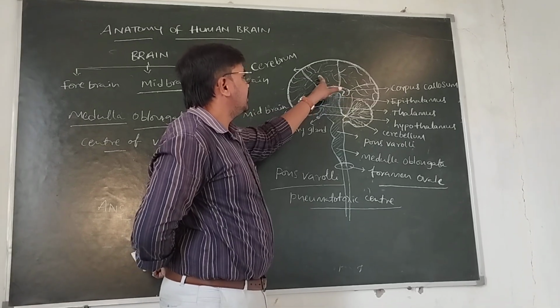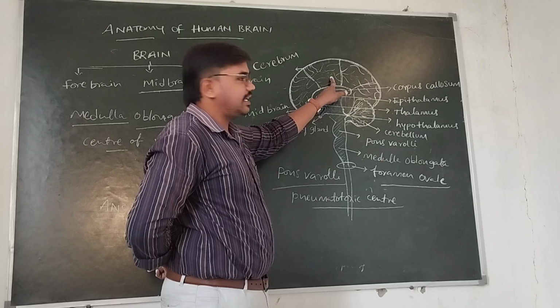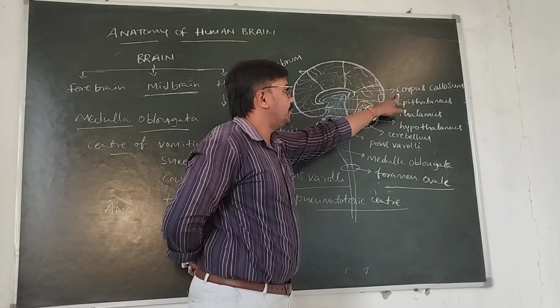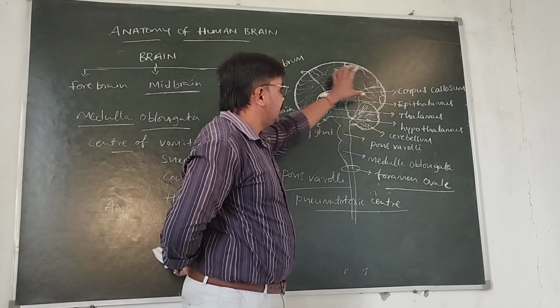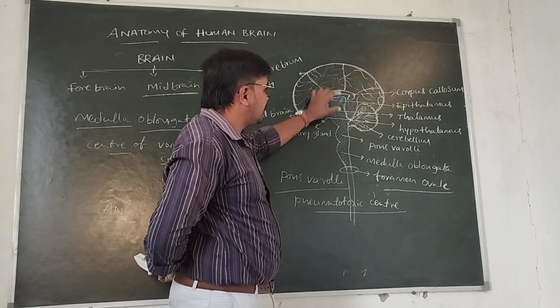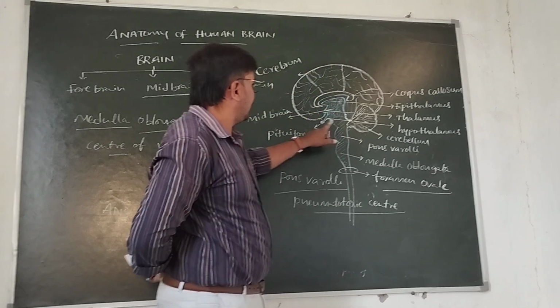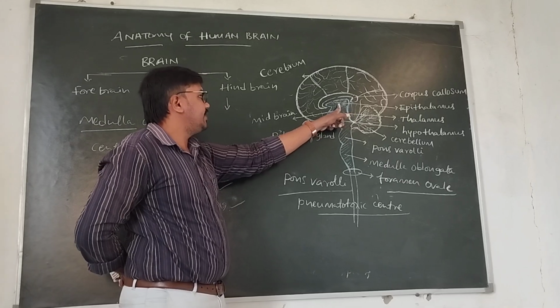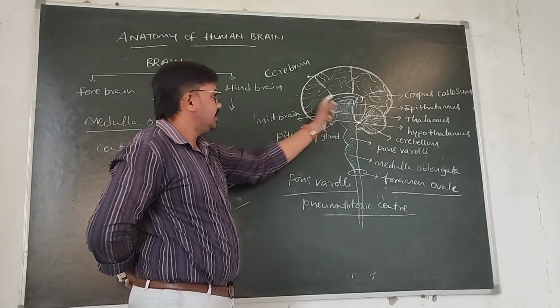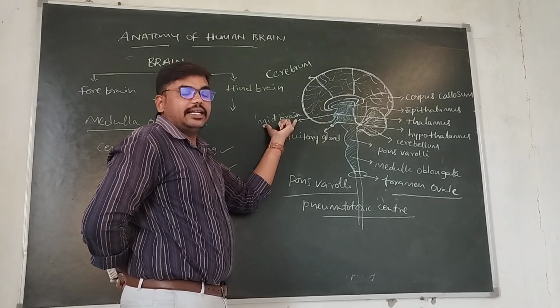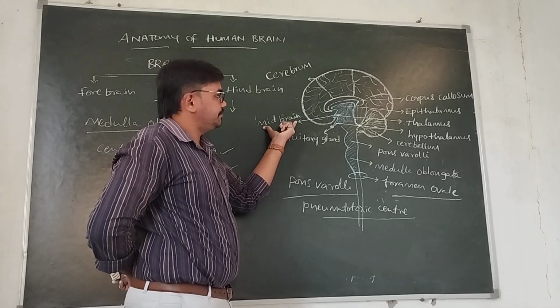The cerebral hemispheres are internally connected by the corpus callosum, which is a structure of the forebrain.